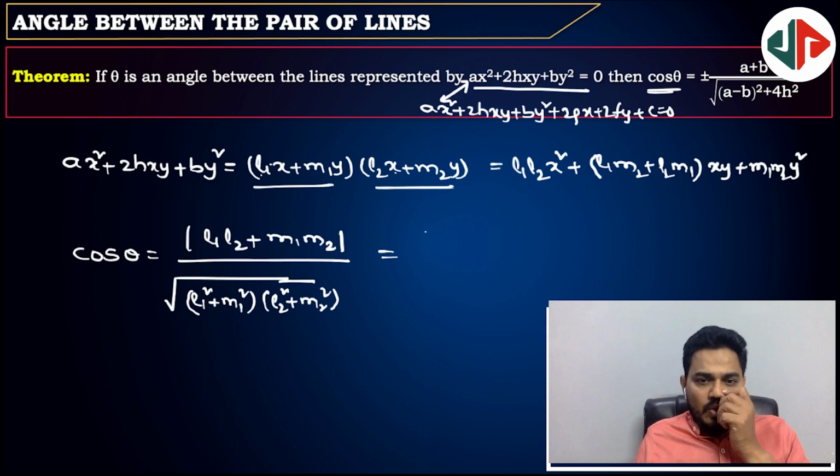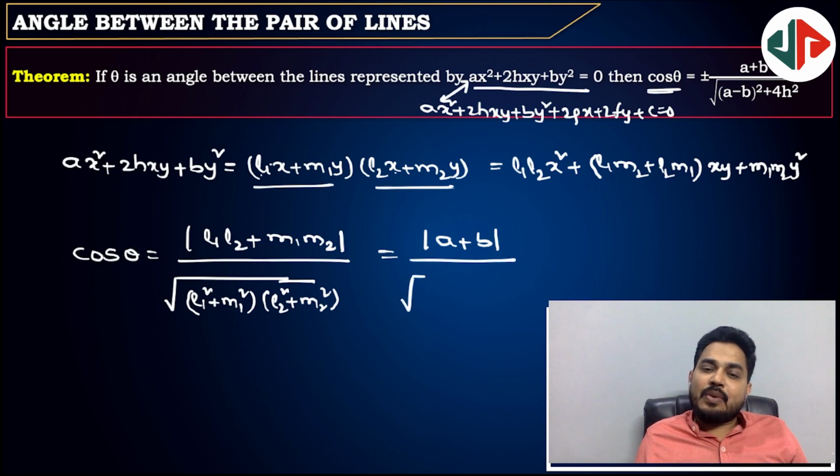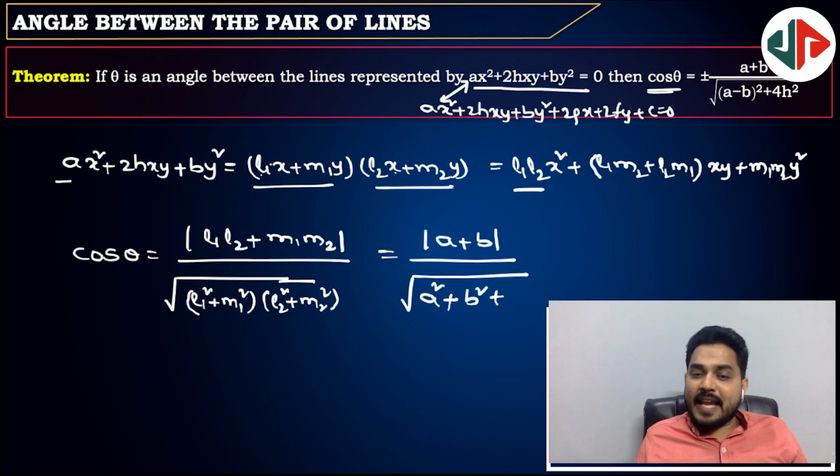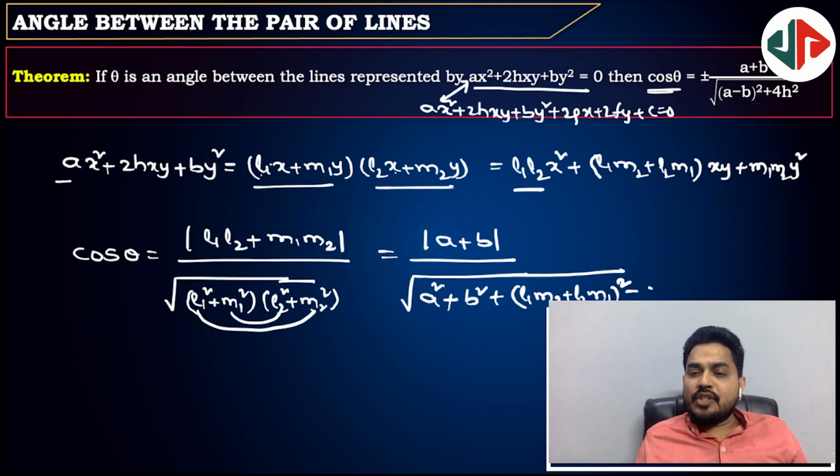So from here you get modulus of a plus b by square root of, because L1 L2 is equal to a and M1 M2 is equal to b. In the denominator you get L1 square L2 square plus M1 square M2 square plus L1 square M2 square plus M1 square L2 square, which I'll write as (L1 M2 plus L2 M1) whole square minus 2 L1 L2 M1 M2.